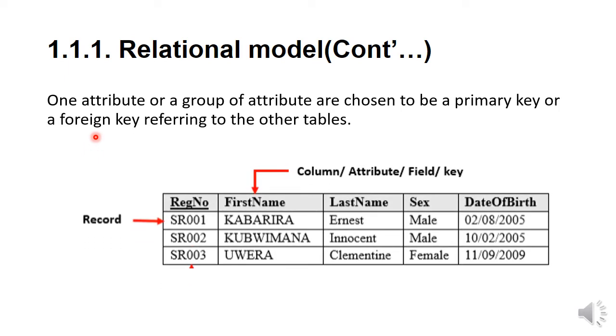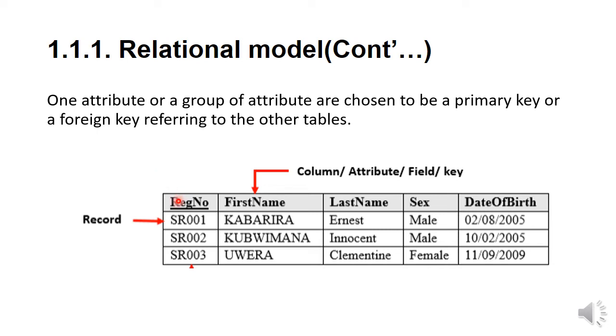So here we have an example of a table that we are going to observe and try to identify all the elements of a database table. First of all, our table must have a name. Let us call it, for example, student, and it has also columns.